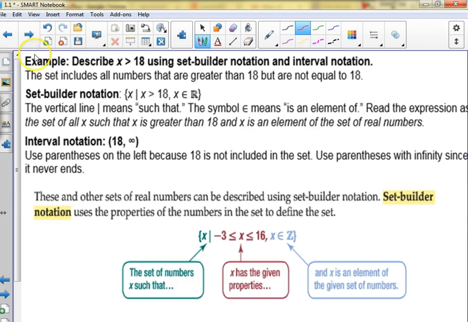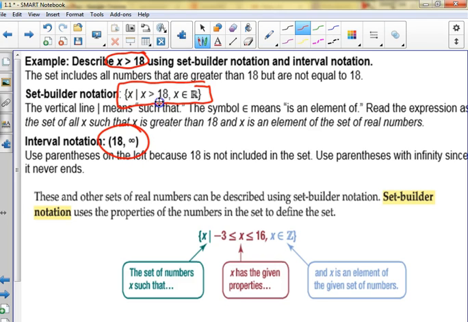So here's an example of that weird set builder notation. If we wanted to write x is greater than 18, they would write it like this. That reads x such that x is greater than 18, where x is an element of the real numbers. Do you want to have to write that? I'm going with 18 up to infinity.